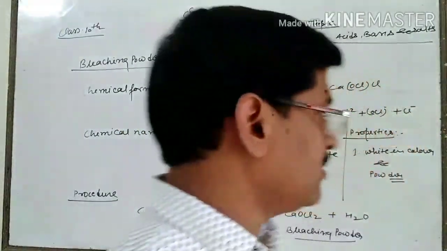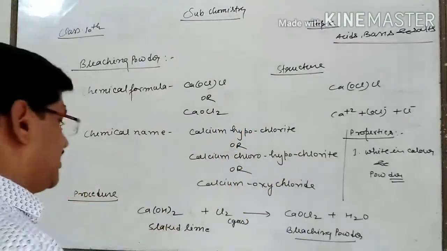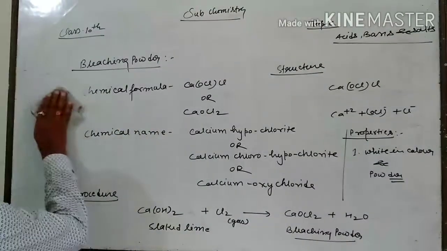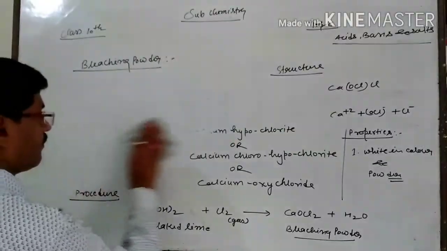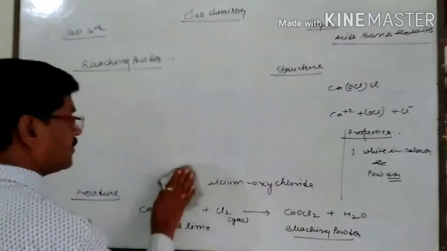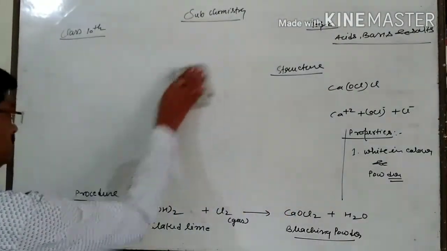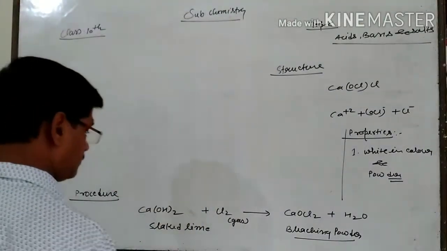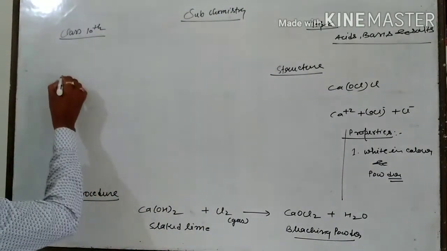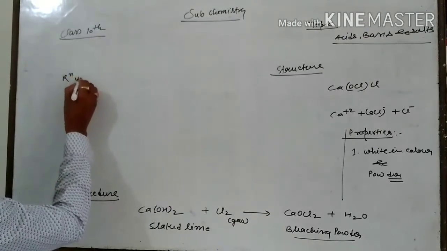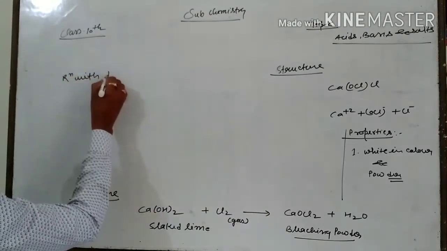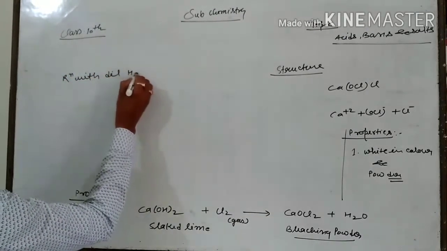So I am going to react bleaching powder with dilute acids. Suppose the reaction with dilute H2SO4.